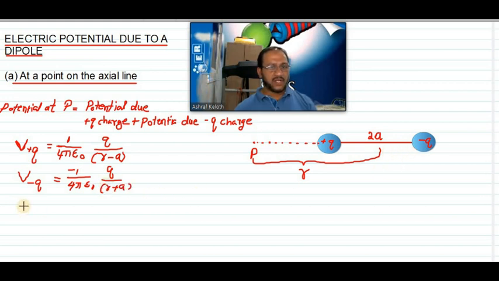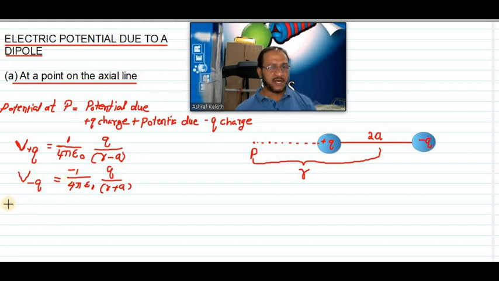Therefore, if V is the net potential at the point P, it can be obtained by adding the potential due to the plus Q charge and the potential due to the minus Q charge. While adding, the plus becomes minus because the potential of the minus Q charge is negative.